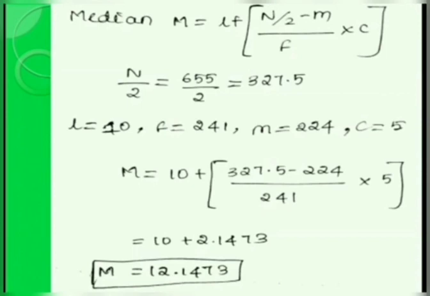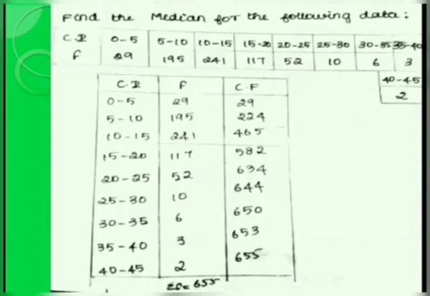You have to check this value in your cumulative frequency, which exceeds 327.5. More than 327.5 is here 465, because the previous value, 224, is less than 327.5.